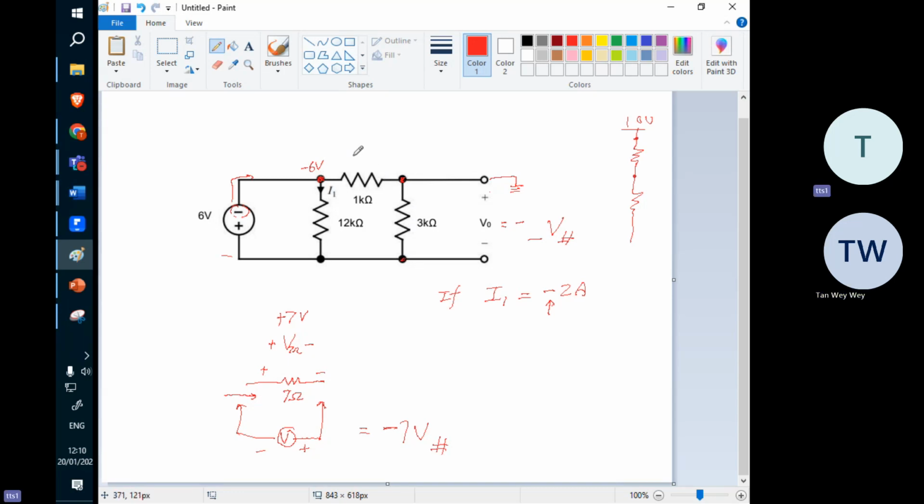One voltage drop, two voltage drops, then you go back to the power supply, back to the ground. Here's the ground. You go around. Can you see through this circuit? When you look at this circuit, can you actually understand what's going on? How does the current flow? Then you should be able to guess this value.